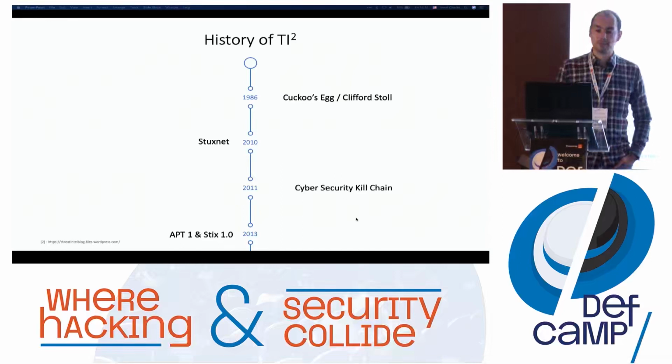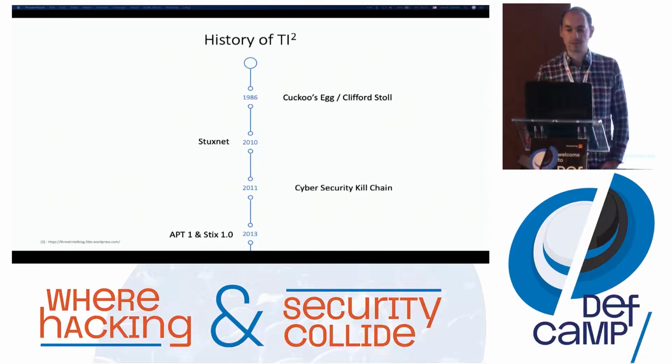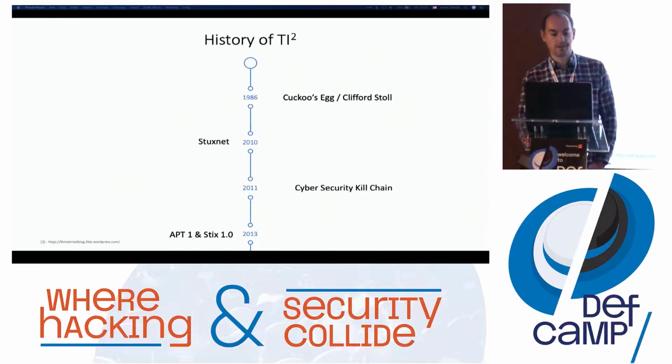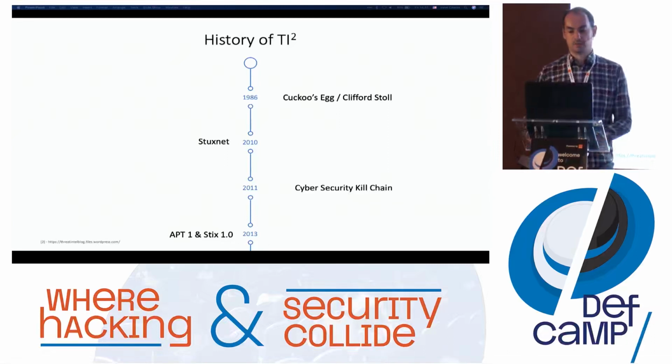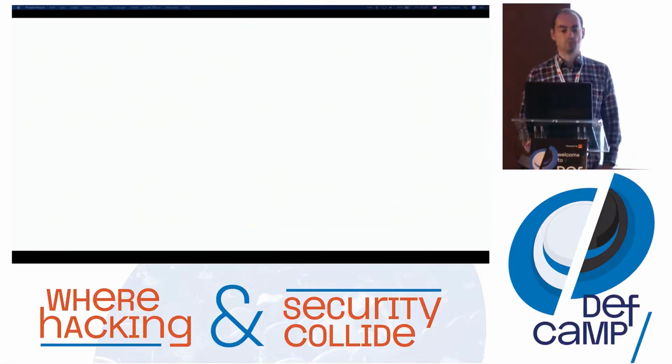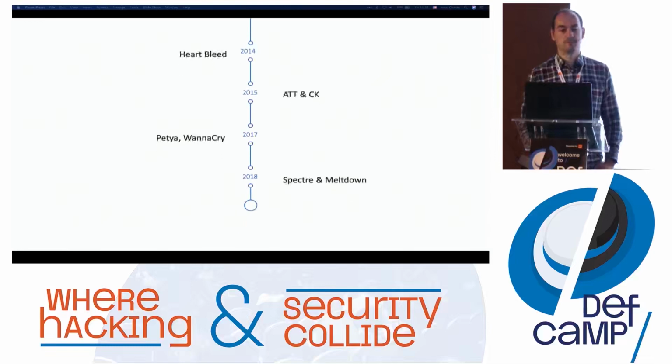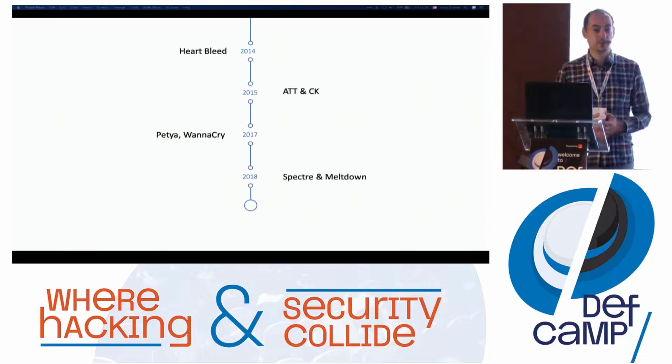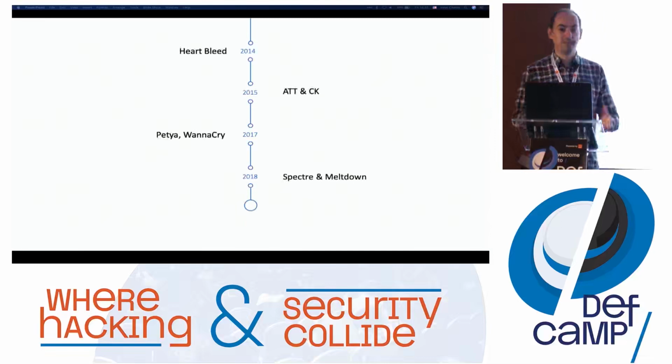In 2011, the cybersecurity kill chain was published by Lockheed Martin. First written report of APT1 by Mandiant and the STIX1 framework was released in 2013. Moving next, we had Heartbleed, yeah, the first vulnerability with PR associated with it, with nice logos and proprietary website and everything.